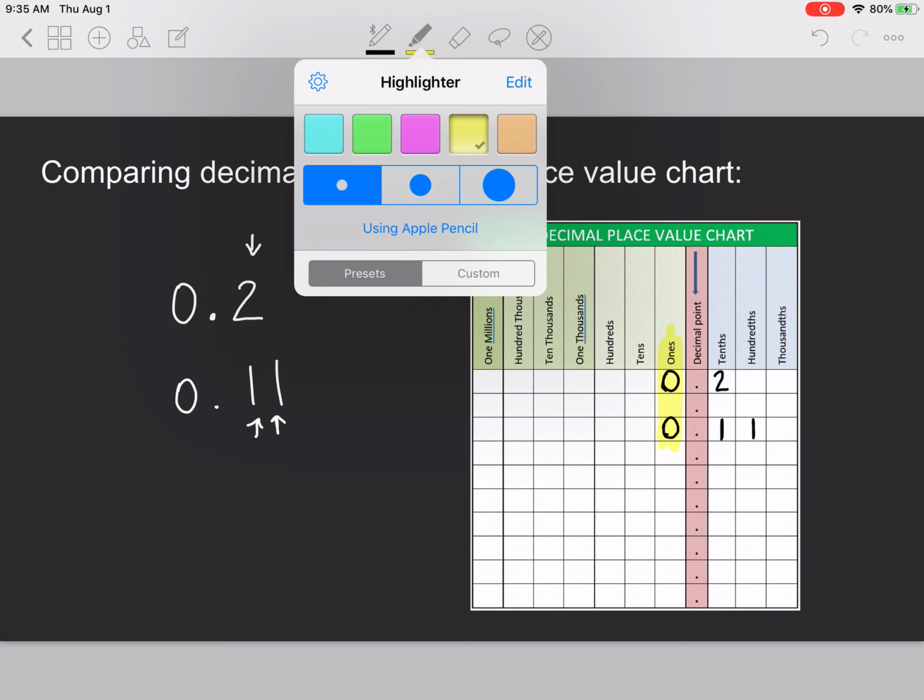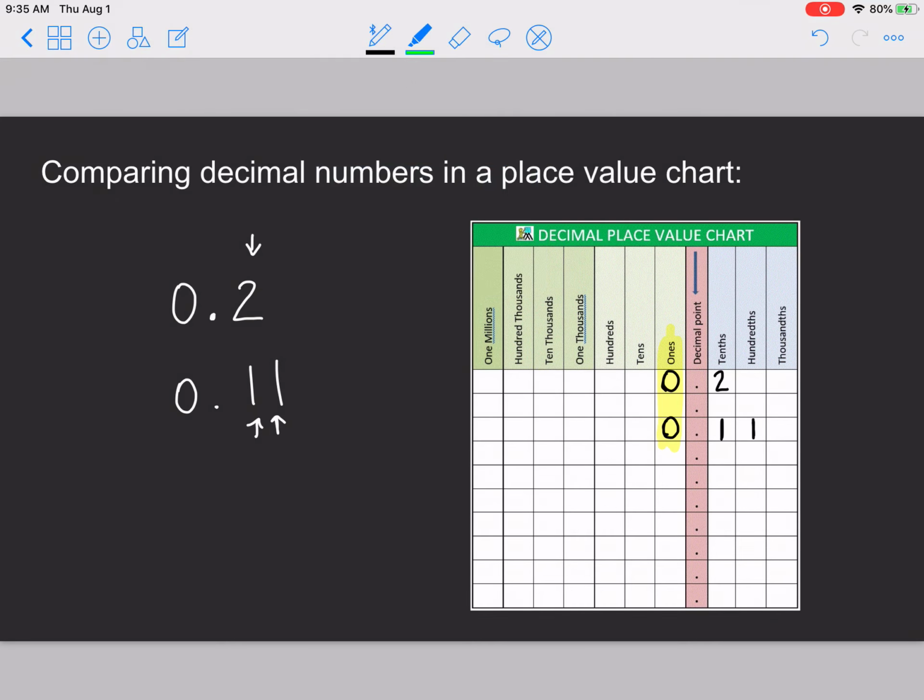So now I'm going to move to my right. So I'm going to kind of skip over the decimal point. I'm going to go to that tenths place. I'm going to look at those tenths. And I'm going to say, well, in the first number I have a 2. In the second number I have a 1 in the tenths place.